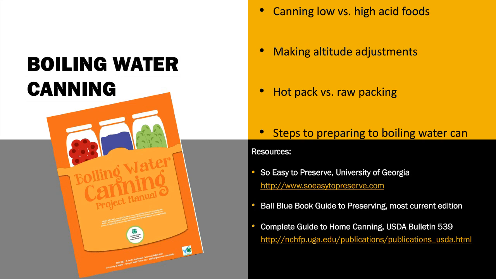On page 18, in this manual specifically, it goes into the step-by-step directions on how to use a boiling water canner, from how much water you need to put into the canner to what the temperature of the water needs to be before you put the jars into it. So it goes into very step-by-step directions so that hopefully it takes away the guessing game of how to use that.